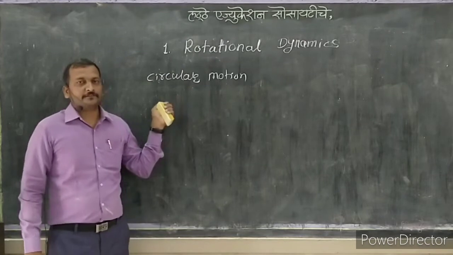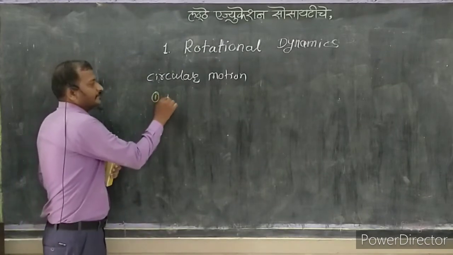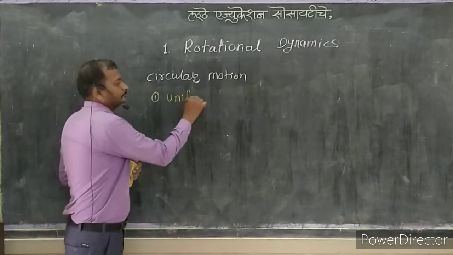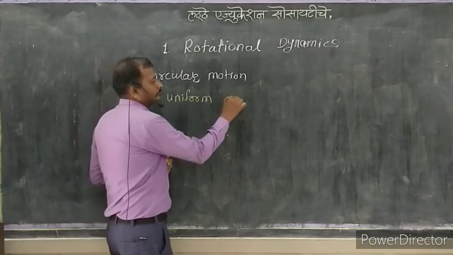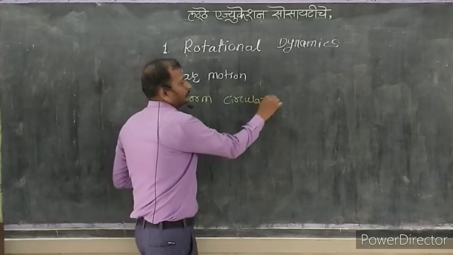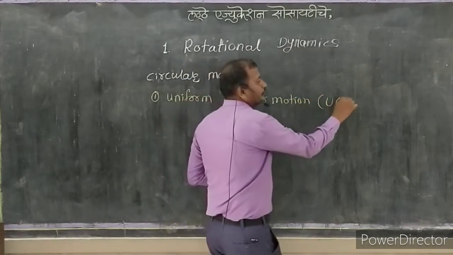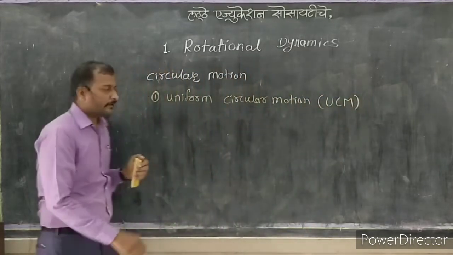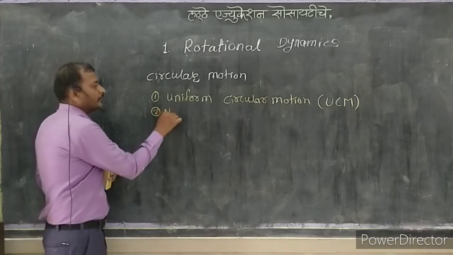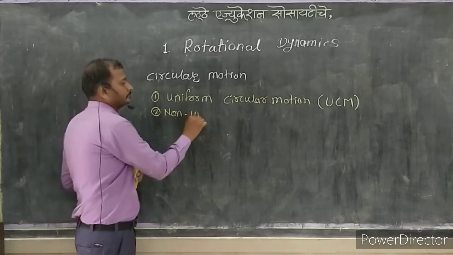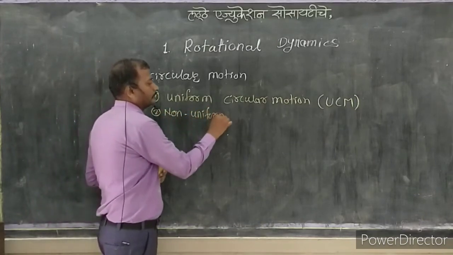There are two types of circular motion. First is uniform circular motion, in short denoted by UCM, and another is non-uniform circular motion.